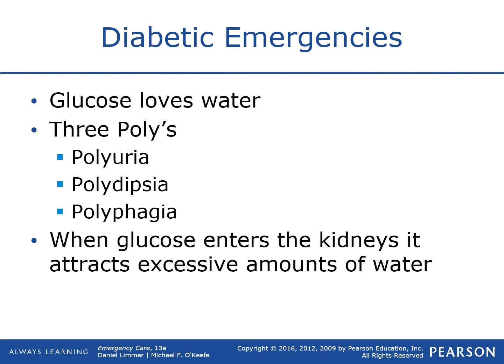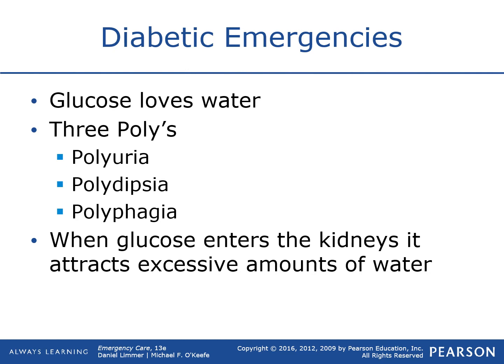And that's because we have all the glucose in the body that when it hits the kidneys, it's going to attract an excessive amount of water to the kidneys. If there's a lot of water in the kidneys, they filter that out and produce urine. So that's why we have high levels of urine production during hyperglycemia.